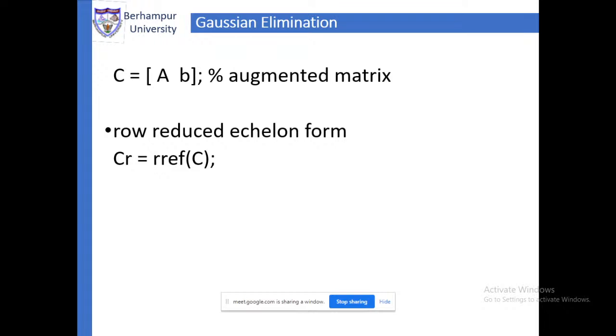Then you reduce the rows. For the Gaussian elimination method, the next thing is to reduce it to the row equivalent form. So the augmented matrix is to be reduced to row equivalent form. What we will do is write CR, where R is for row and C remains as the augmented matrix.